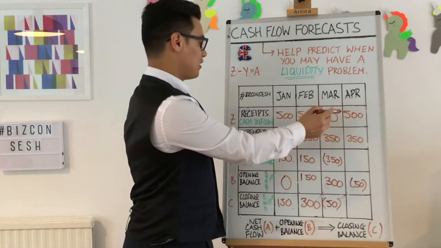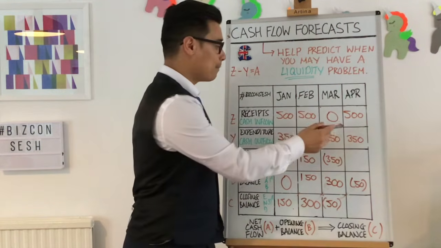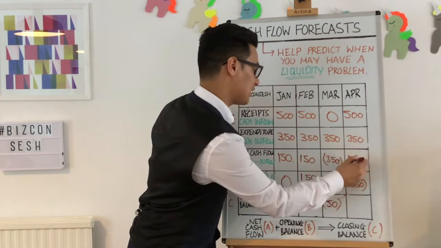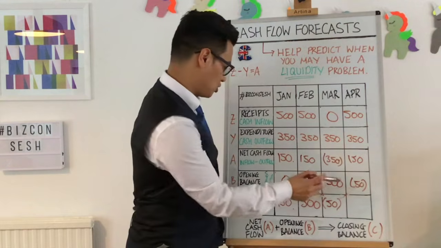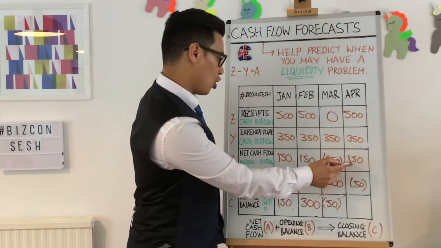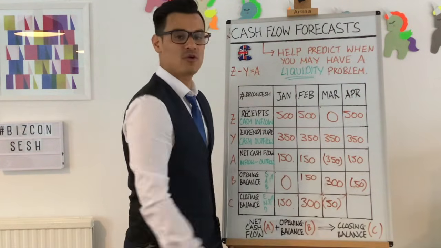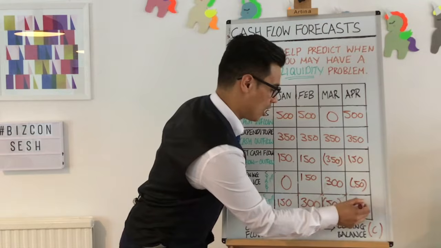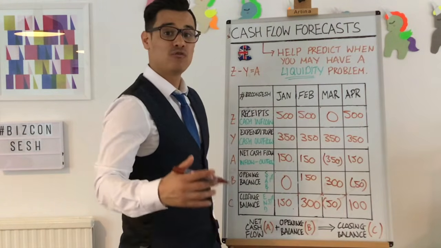And to finish it off, Sesh is back from holiday now, so 500 receipts minus the 350 gives you 150 again here. And to calculate your closing balance, you would take the net cash flow of 150 plus minus 50, so therefore that equals 100. So 100. And that has completed your cash flow forecast.